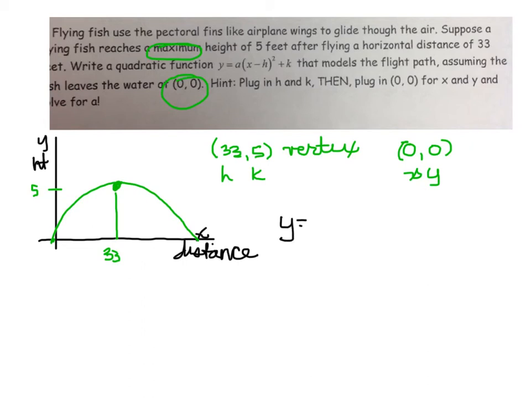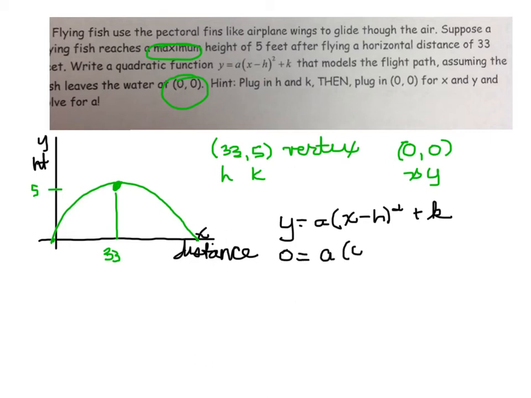So now, just like we did before, I'm going to write the equation y equals a times (x minus h) squared plus k, and I'm going to plug in my h, my k, my x, my y. And I love that my x and y are 0, because we all know that 0 makes everything easier.